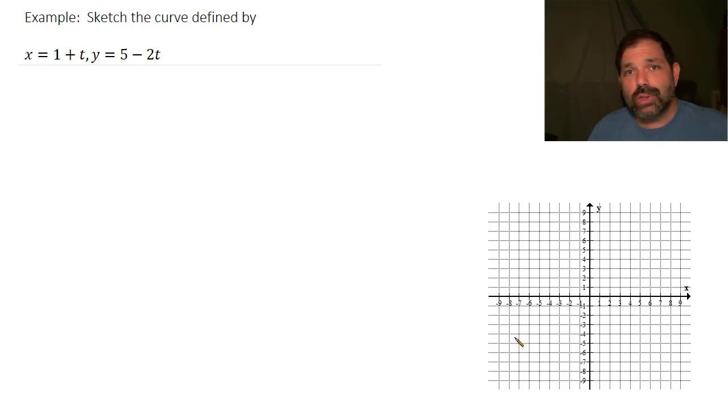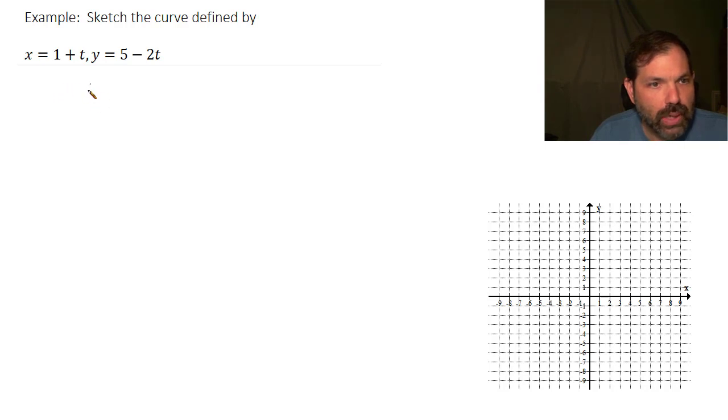And so I'm going to start with letting t equal 0 and then move from there. So what I'll do is build a small chart, just like you did when you were first learning how to graph things, you probably built a chart of x's and y's. The only difference is now I'm going to have 3 columns: a t column, an x column, and a y column.